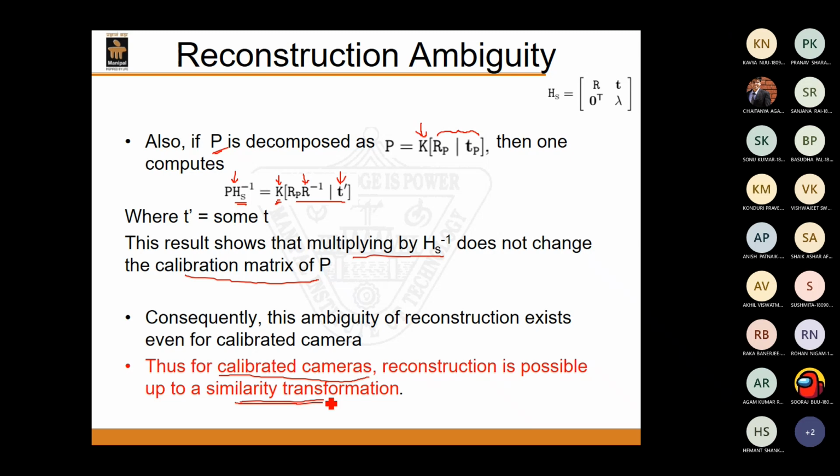As long as calibrated camera parameters are concerned, the reconstruction is possible only up to a similarity transformation. That means keeping the internal camera parameters fixed, only by changing the position of the cameras you attain the similarity transformation. The similarity transformation would imply that you are only changing the position of the camera.